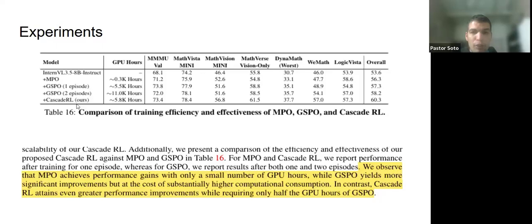While using cascade reinforcement learning, that, remember, uses MPO and then GSPO, and the GSPO takes advantage of the stability of the MPO stage of the offline reinforcement learning, you only need half of the GPU hours to get a better performance. So that's why adding the cascade reinforcement learning matters for this InternVL 3.5, and it is one of the great contributions to the community to understand where the direction of the models can go to do it efficiently.